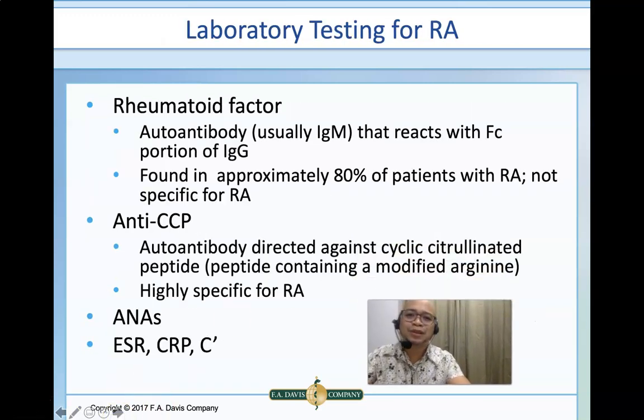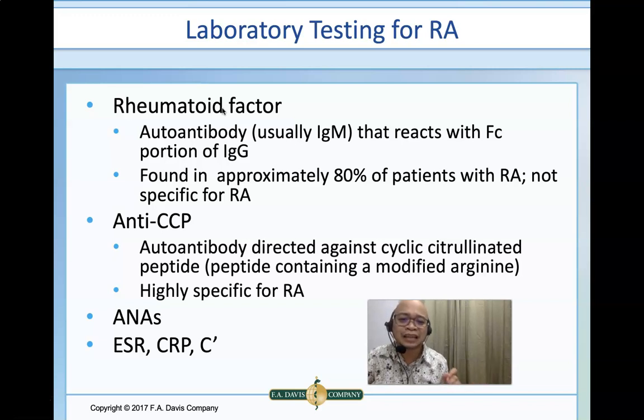So, in the laboratory, we can help the physician diagnose rheumatoid arthritis by measuring the rheumatoid factor. However, I'd like to emphasize that rheumatoid factor is not really specific for rheumatoid arthritis. So, rheumatoid factor is actually an assay for us to determine the presence of an autoantibody.